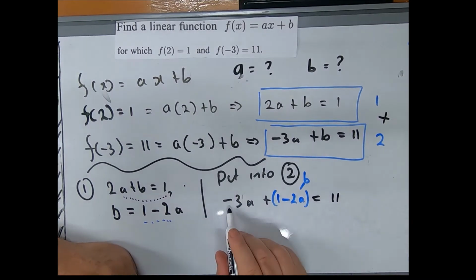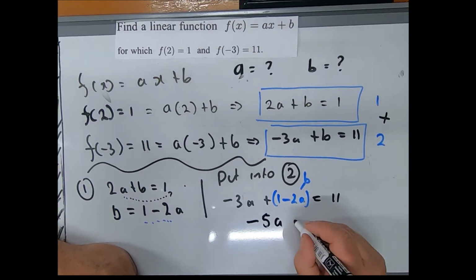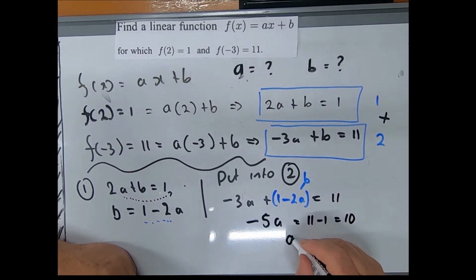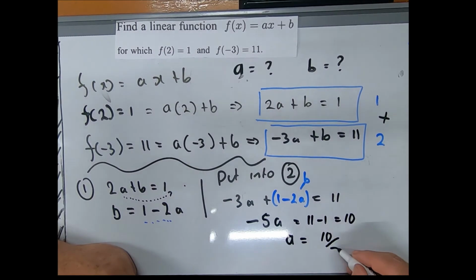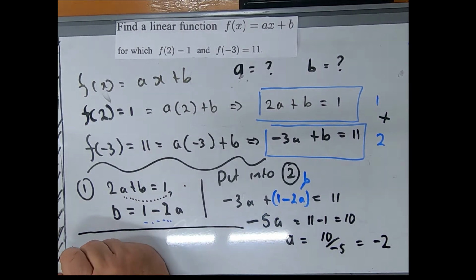Now you need to put everything together. So I've got minus 3a minus 2a is minus 5a equals 11 take 1 equals 10. A little bit of division, and we have the answer for a is minus 2. Just to finish, find b.